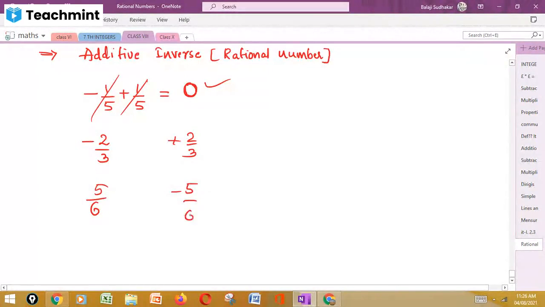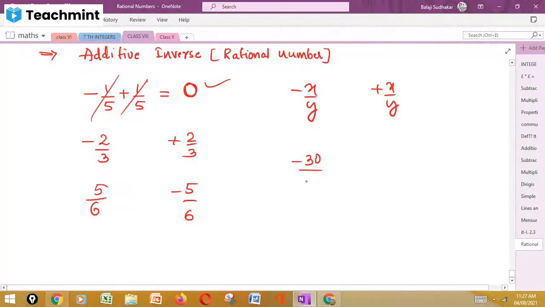Additive inverse of minus x by y: plus x by y.